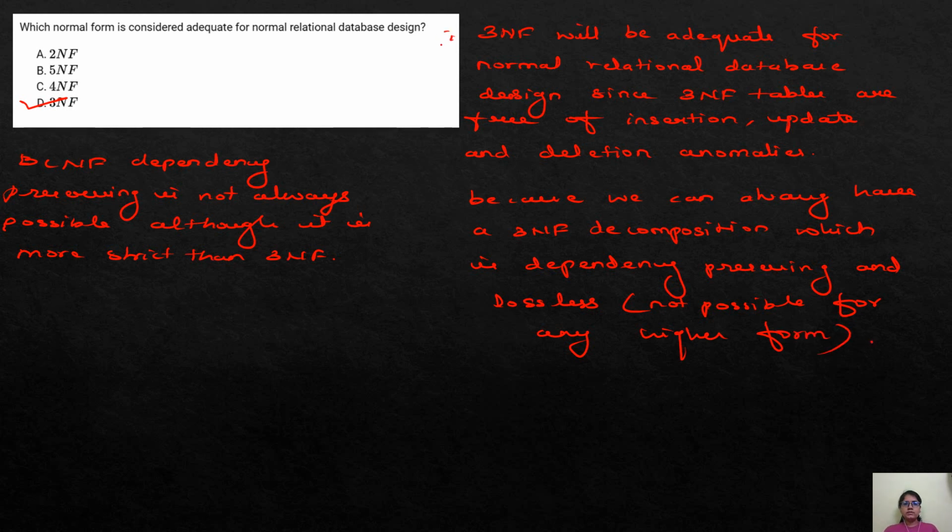So these are two reasonings for why it should be 3NF, and this is one reasoning for why it should not be BCNF. And if it is BCNF, these options are already crossed. 2NF is lower, and we want the higher form, so that is also not correct. So the correct option is 3NF, which is option D.